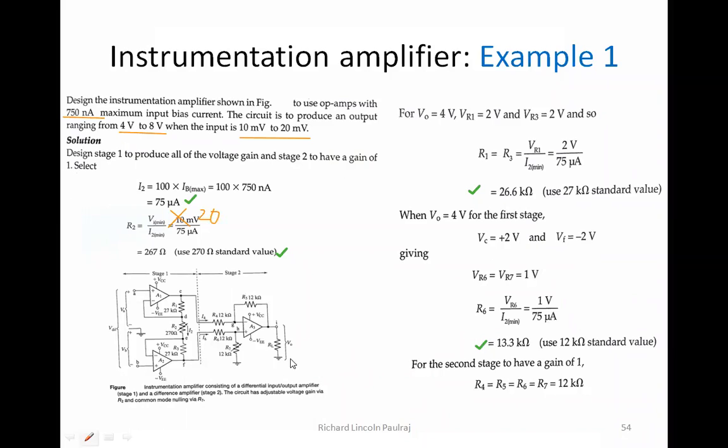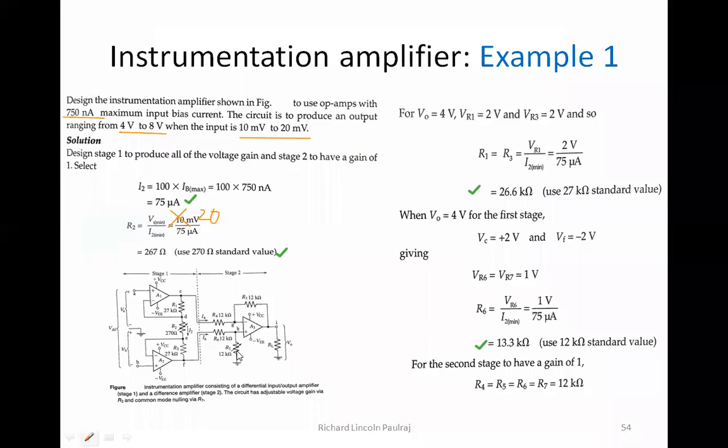So if I can find out one resistance here, I can put these resistance values to the others as well. This is the importance of studying problems. You will be able to design circuits.